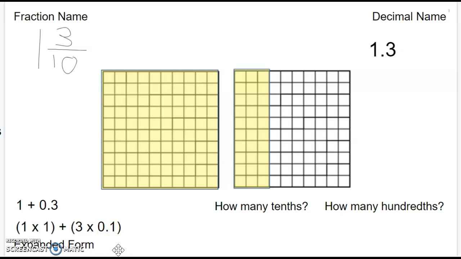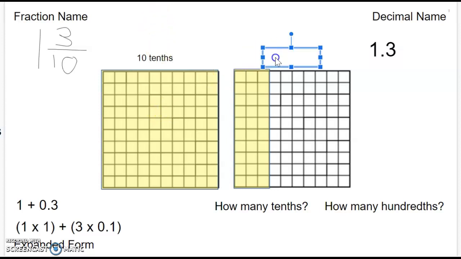Either one is fine. Then I come over here to how many tenths. How many tenths are in this picture? Now, some of you yesterday said 3. Well, I do see 3/10 right here, okay? But I also see tenths over here. How many tenths are in this yellow picture? There's 10 of them. There's 10 tenths right here.